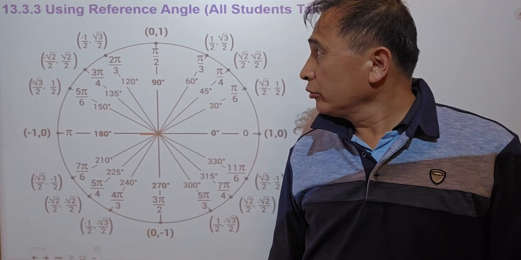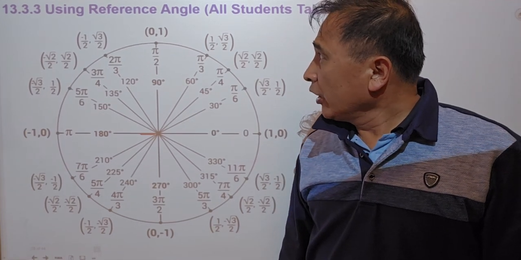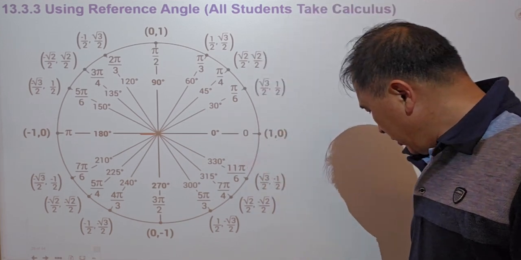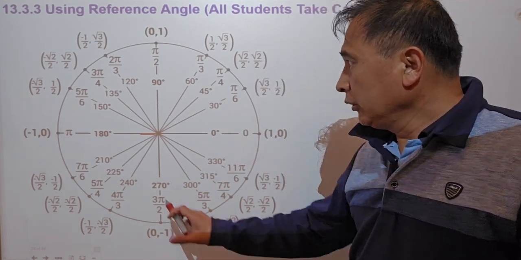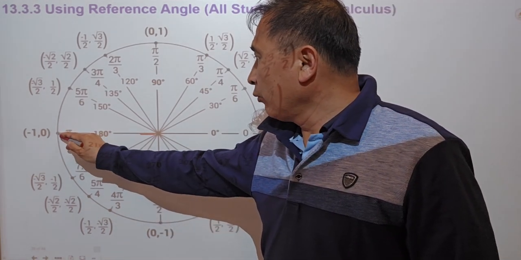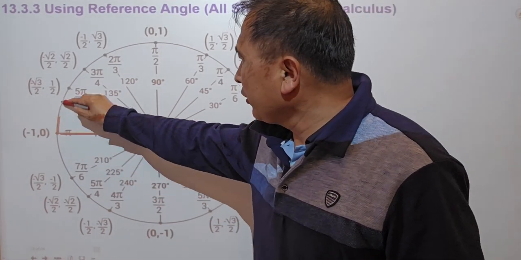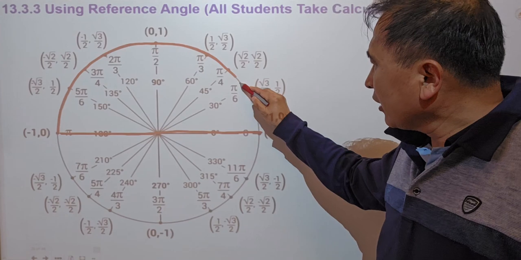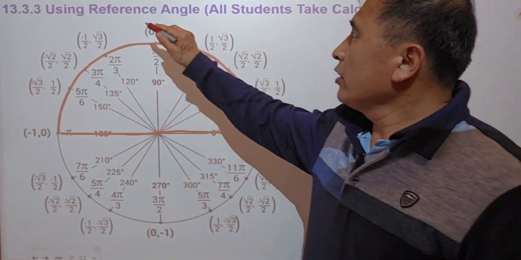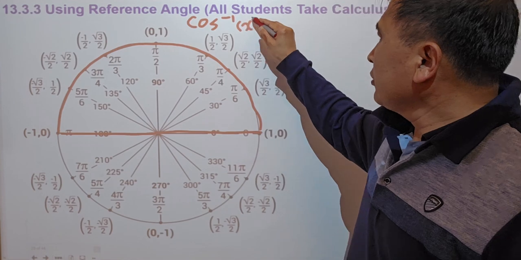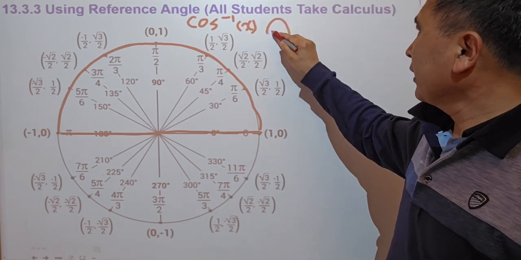Hi, today we are going to solve inverse trig functions using the unit circle. First you need to know that, in order to make it a one-to-one function, cosine inverse uses only the top half of the unit circle, like that.